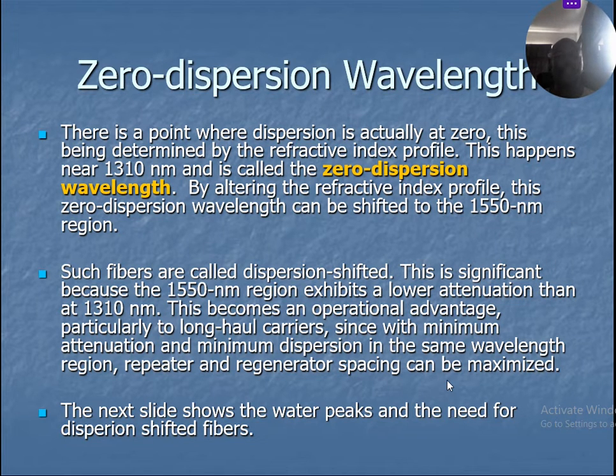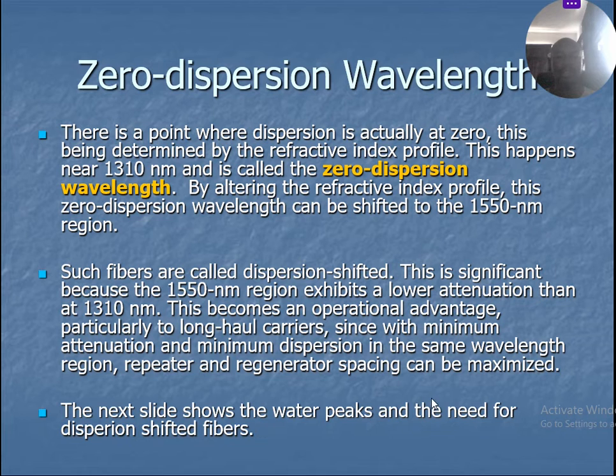Now this is significant, it is very important, because the 1550 nanometer region exhibits low attenuation. You see, you have zero dispersion, and then you also have very low attenuation. It's super beautiful, right? So it has low attenuation compared to the 1310. So that's why the option for 1550 is now gaining ground, because it gives a zero dispersion wavelength, and at the same time it has very low attenuation.